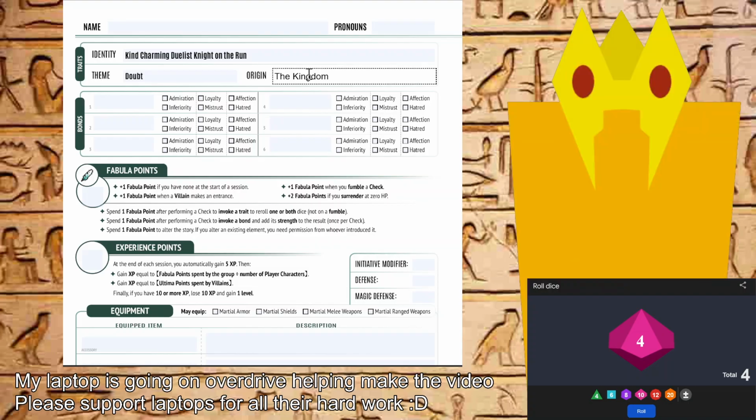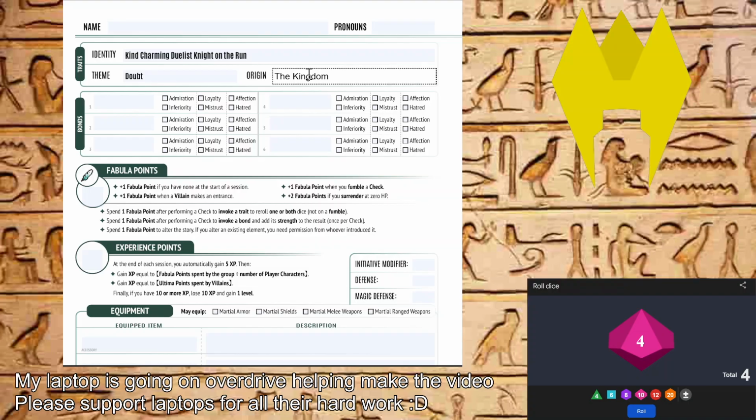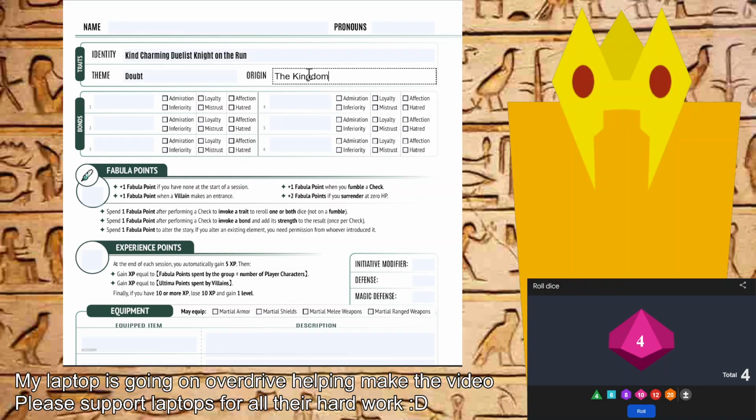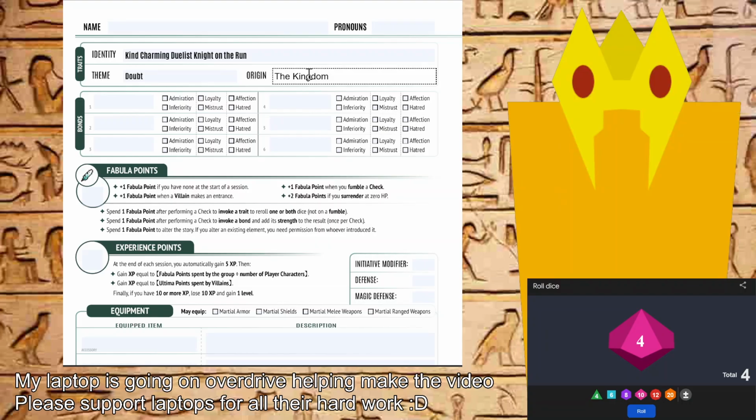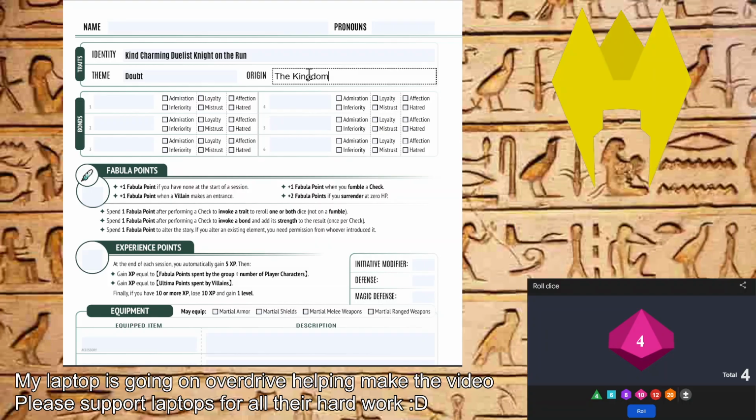Unexpected ally could also work out, because it says here, and I quote, you may use an action and spend 1 Fabula point to choose a non-hostile creature able to hear and understand you.